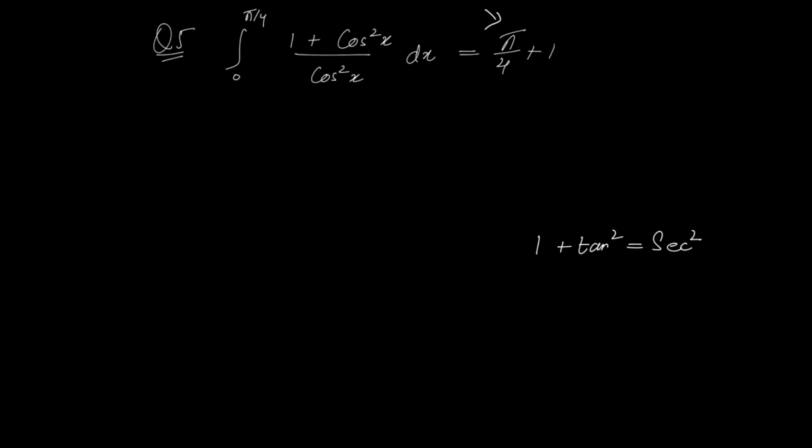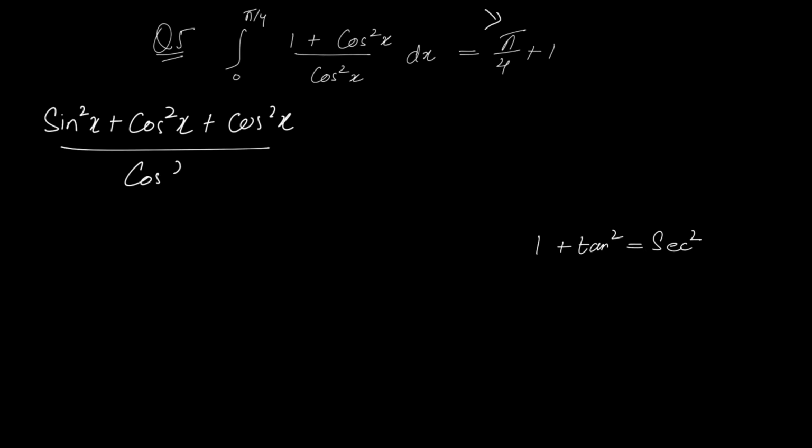Okay, so we can simplify this by writing 1 as sine square x plus cos square x, and the remaining cos square x can come like that, and cos square upon cos square x. So this will give us sine square x plus 2 cos square x upon cos square x.